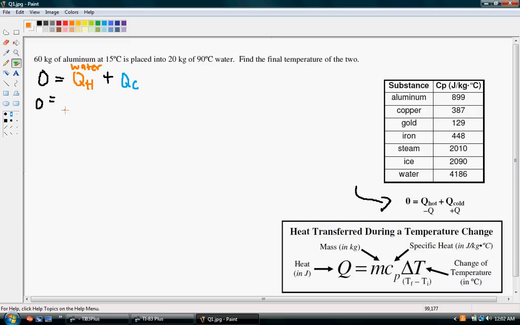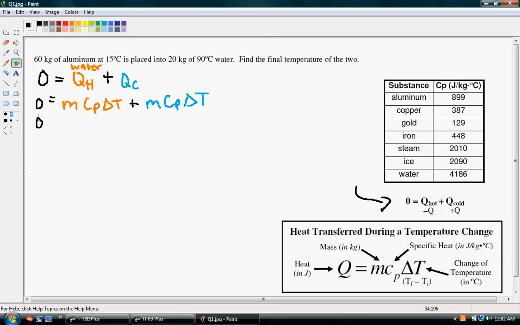So we're going to go in, and every time we see a Q, we're going to use the heat equation for heat transfer during a temperature change. So mass times specific heat times change in temperature plus mass times specific heat for that item times the change in temperature.